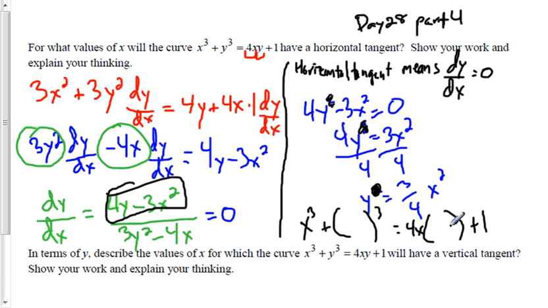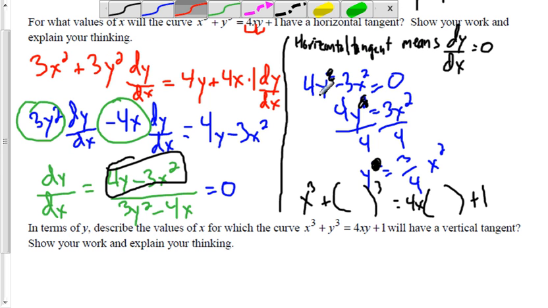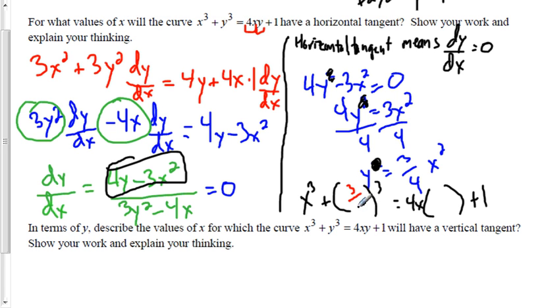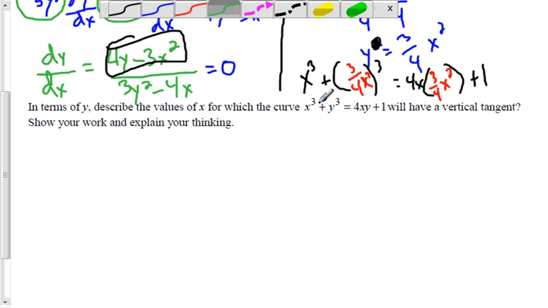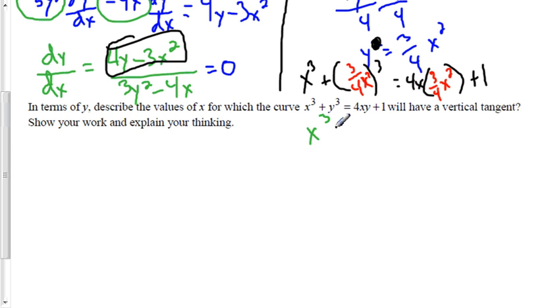And now I'm going to substitute those values in, and I'm going to be able to solve and get some values of x. I'm going to need some more space to do that. Let's first put in the 3/4 x squared. Okay. And so I'm going to keep working down here. 3/4 cubed is going to be 27/64. x squared, all cubed, is going to be x to the 6th.